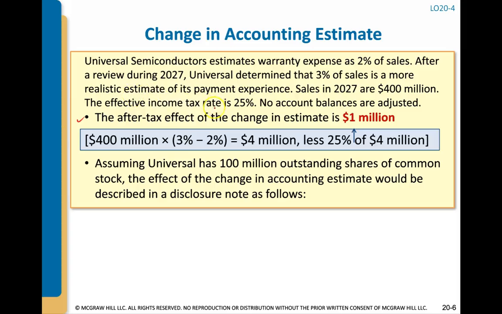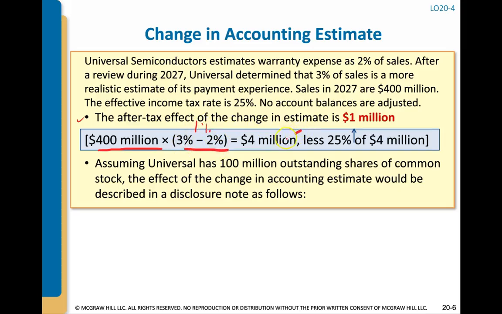So when we do need to disclose it, we have to disclose the after-tax effect. Let's just say we have to disclose the difference in the estimate. We would take our $400 million and multiply by the difference in estimate, from 2% to 3%. So that's the 1%.